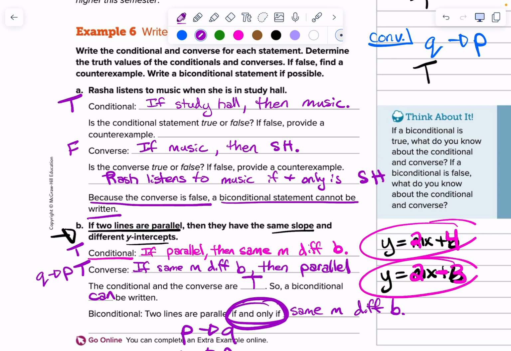But that's what your biconditional would look like. Does that make sense? If forward is true and backwards is true, you put if and only if in there.